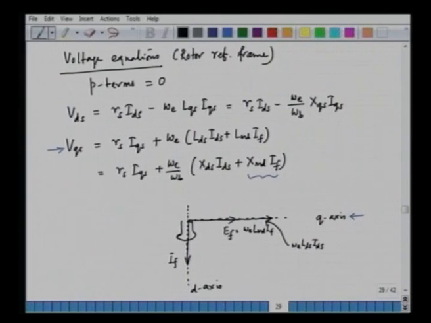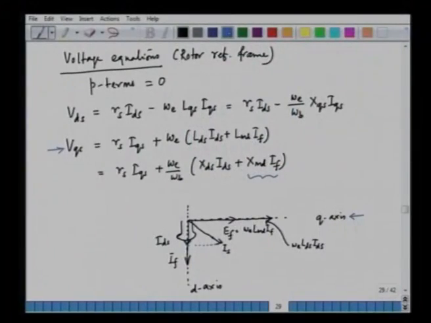And what about the currents IDS and IQS? The stator current will be along an arbitrary direction. This is the armature current IS, and this IS can be resolved into two components along the two axes, d and q respectively. If we resolve this along the d axis, this would be IDS, and if we resolve the same current along the q axis, we get IQS.